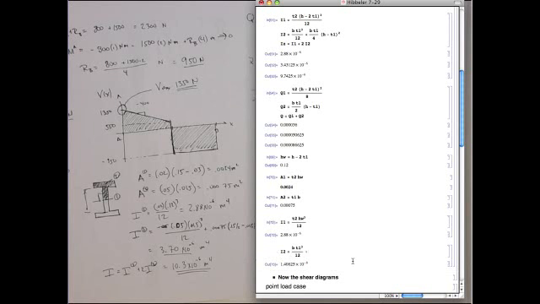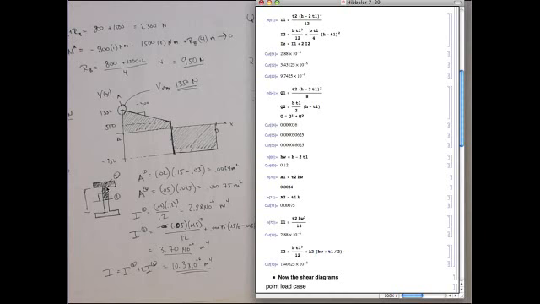So that's going to be A2 times the distance, which is the height of the web, right? That's the distance from here to here, plus half of the flange thickness, T1 on 2. And then we have to square that, right?